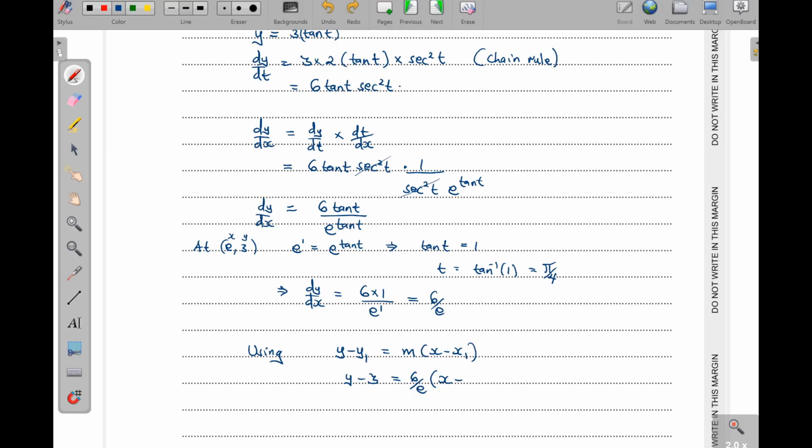The e there. So now when we multiply through, we shall get a 3 here, then 6 over e of x, then minus the 6 here.